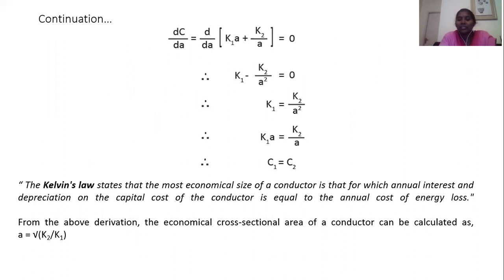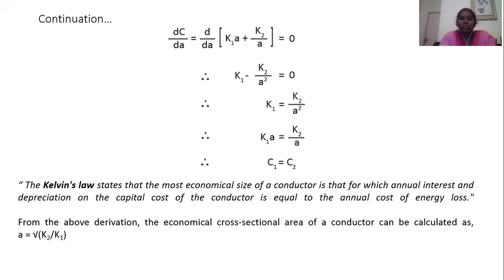Thereby we find the condition for obtaining the minimum conductor size: the cost involved in the capital layout, including interest and depreciation, should be equal to the cost involved in the energy loss, that is C1 is equal to C2.